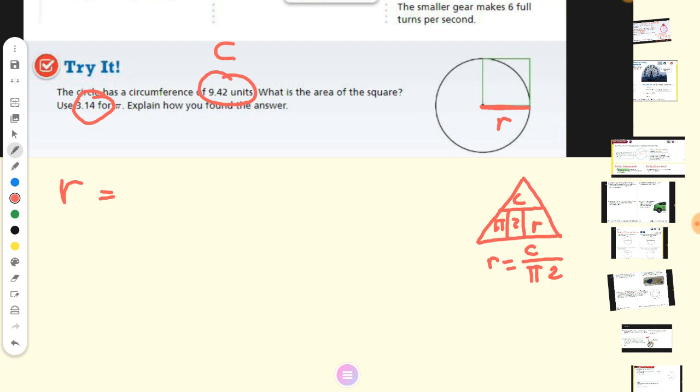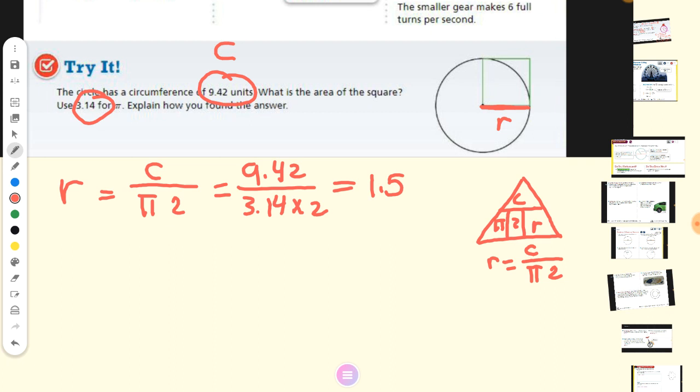Don't forget the magic triangle. So R equals C divided by pi multiplied by 2, where C equals 9.42, over 3.14 multiplied by 2, which at the end you can calculate equals 1.5.